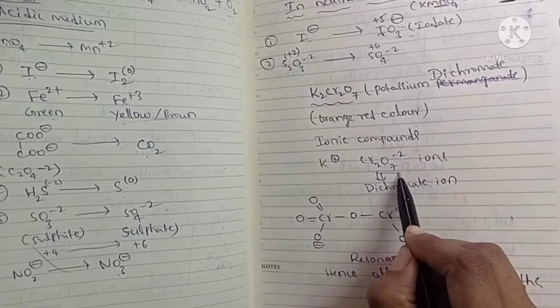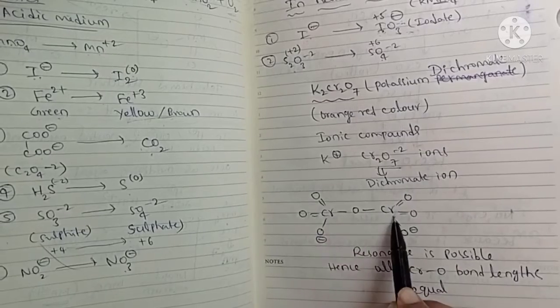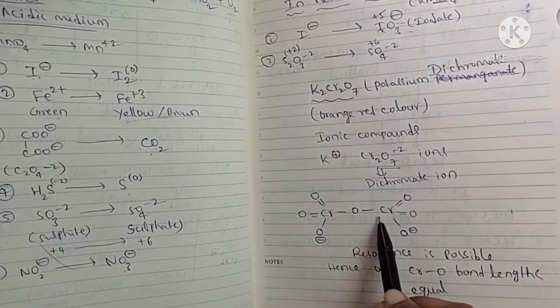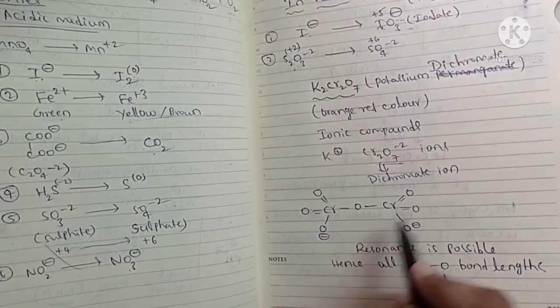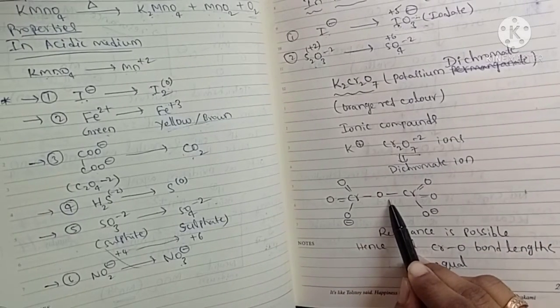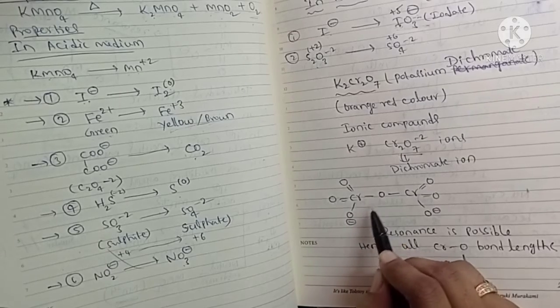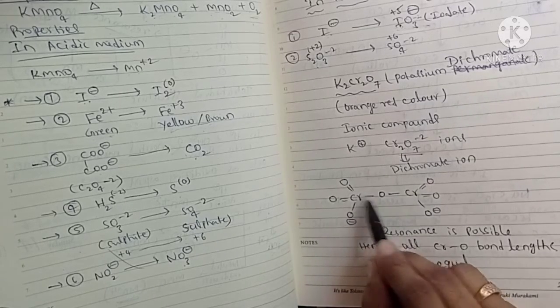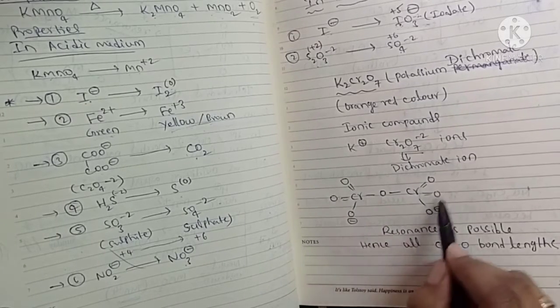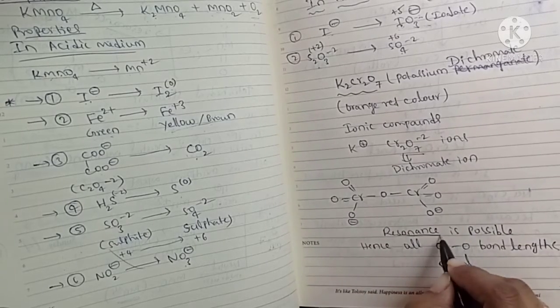Cr2O7 -2. So let us see the structure of dichromate. There are 2 chromiums, that's why it is called dichromate, with a negative charge of 2. The structure of the dichromate ion is like this. Here one oxygen is in between the 2 chromiums, and this exhibits resonance.